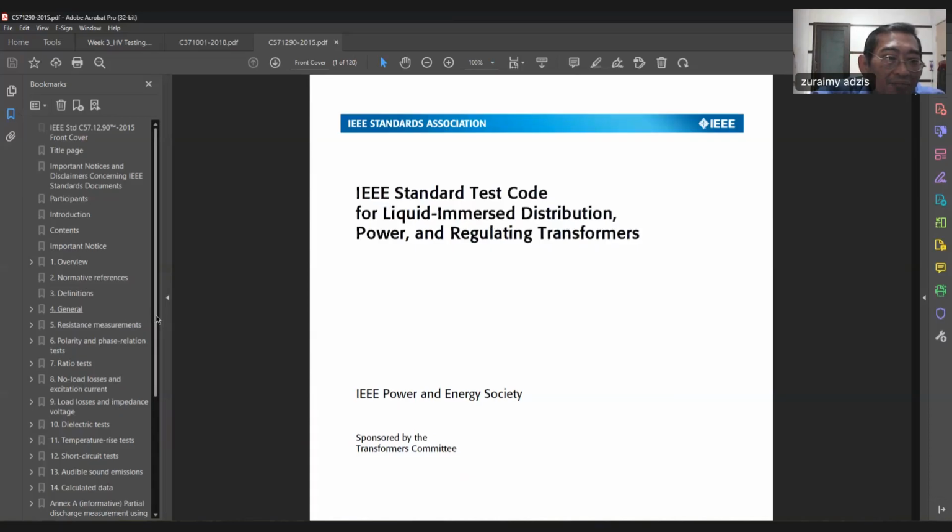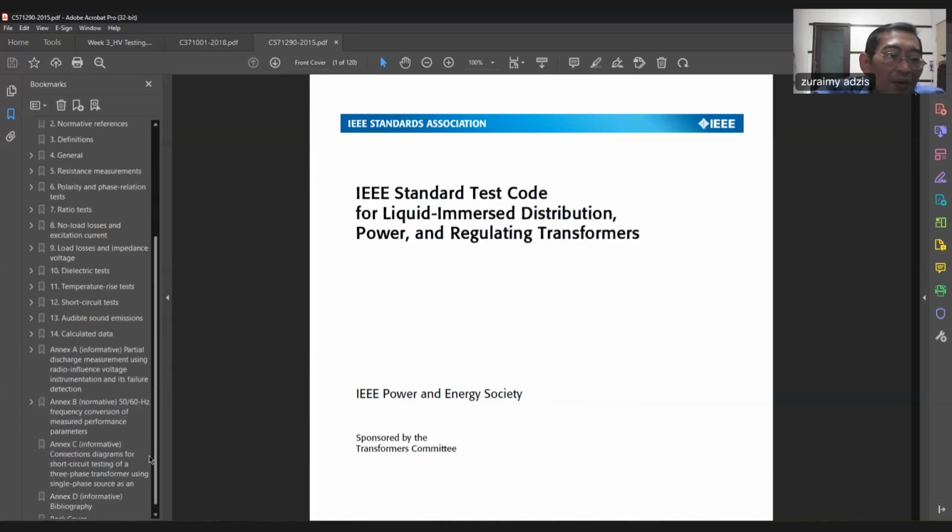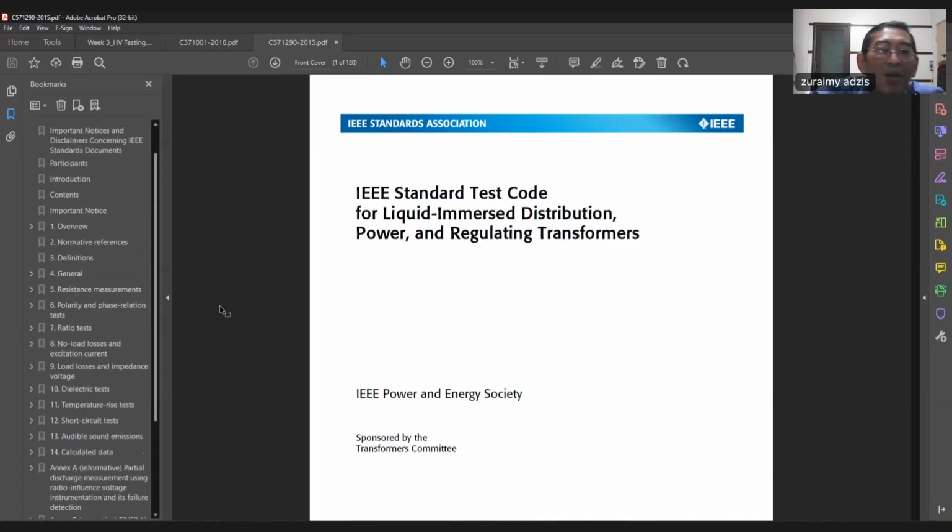So these are like in general. Load losses, no load losses. Dielectric tests are the ones concerned with Standard 4. Then you have temperature rise test, short circuit test, audible sound emissions, calculated data, and therefore it completes the requirements for the standard test code.